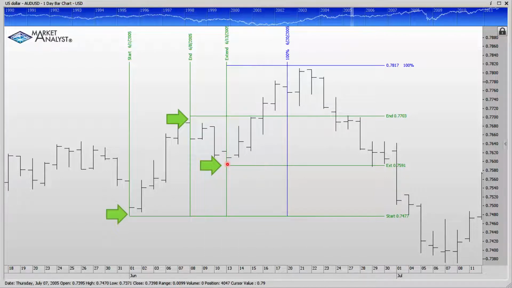So counting forward, we can see once we get over to this high over here, that's when we reach the 100% extension. This vertical line here. So it's a useful technique. It uses horizontal market geometry as we're measuring time versus price once again. Let's look at a few other HMG or horizontal market geometry techniques.